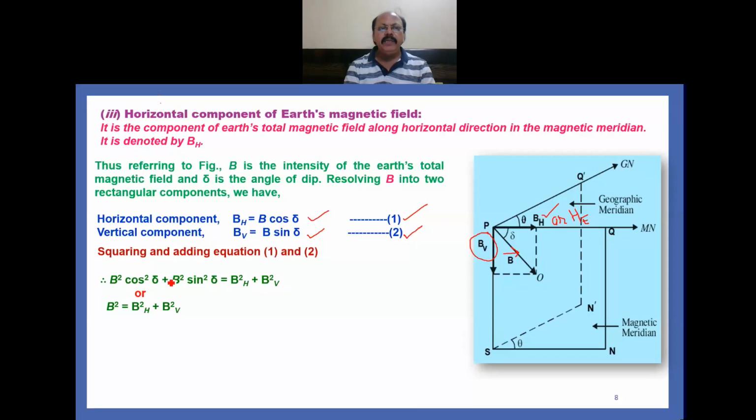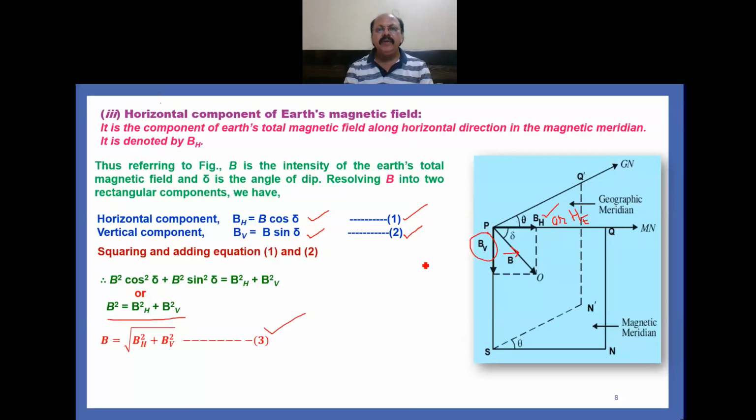Now we take B square common, then inside the bracket is cos square delta plus sin square delta, which is equal to 1. So the final expression is B square equals BH square plus BV square. Removing the square, we get B equals under root BH square plus BV square. Mark this equation number 3.